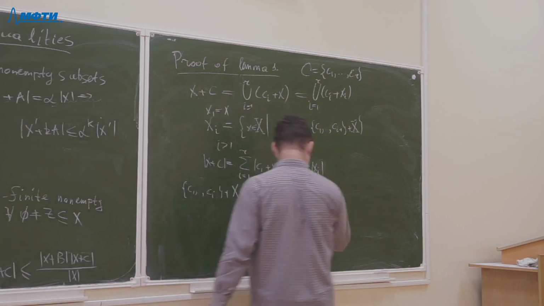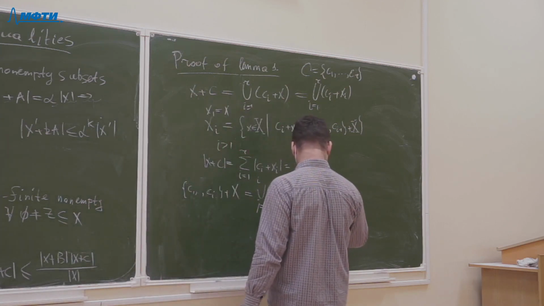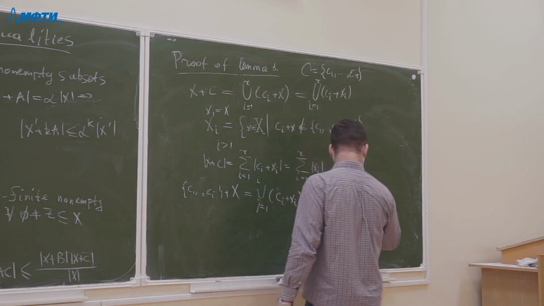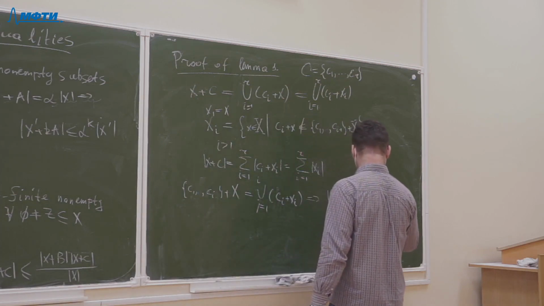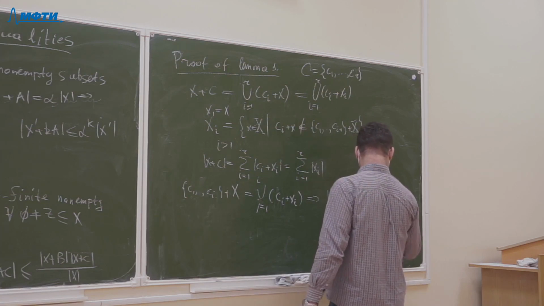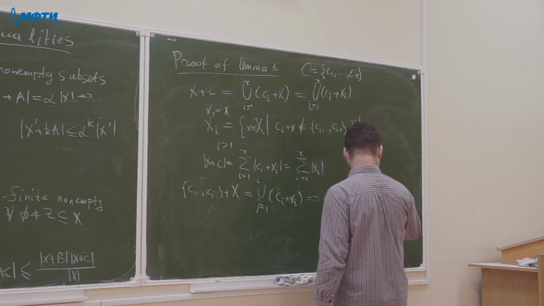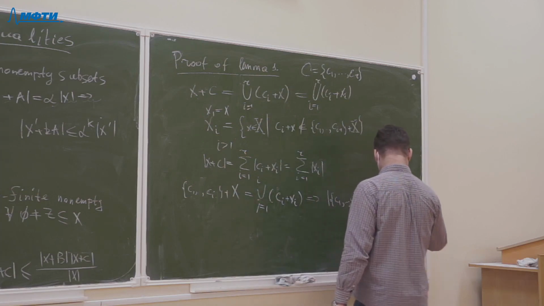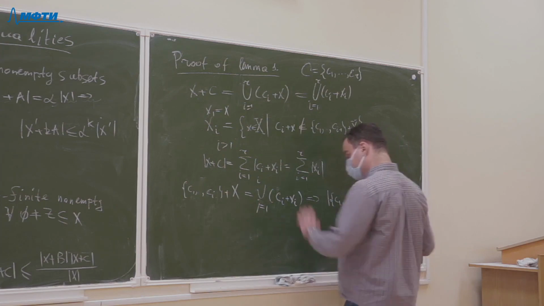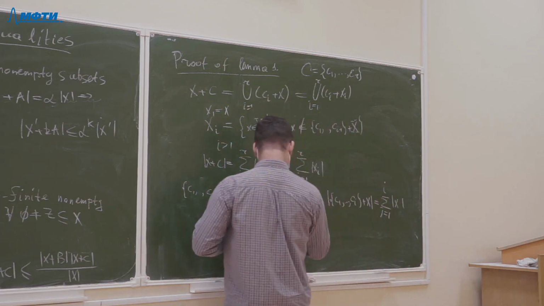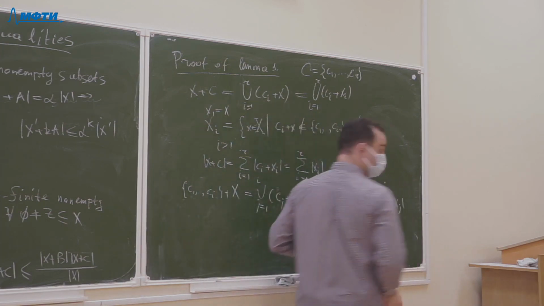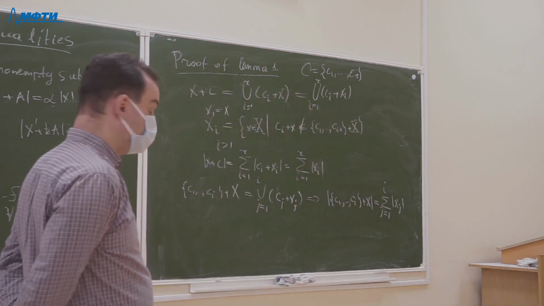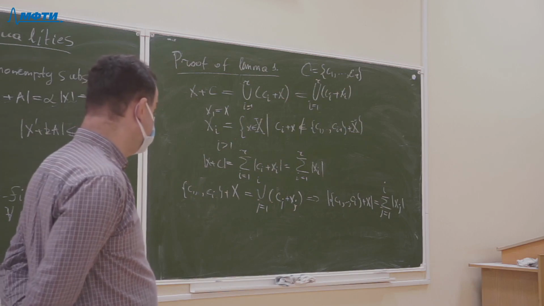Which means that the cardinality of C_1 ... C_i plus X is the sum for j equals 1 till i of x_j's. Good.